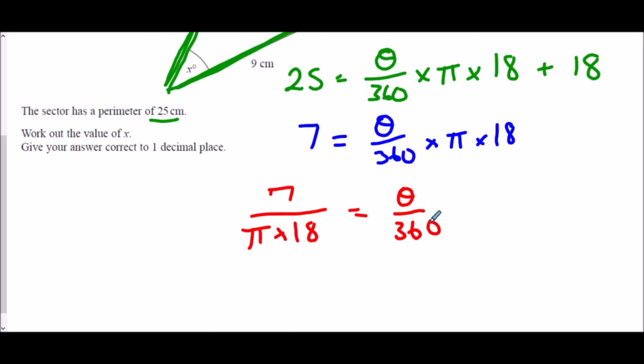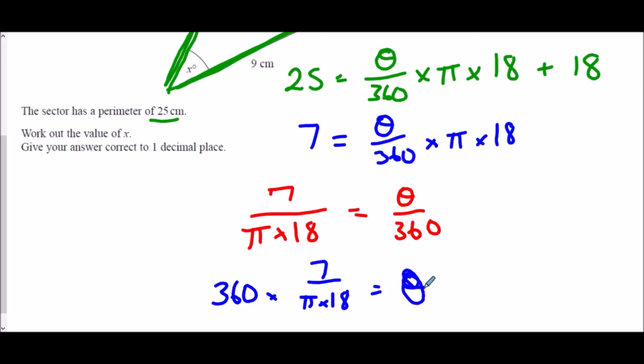And if I want to do this in one big jump, well, I can now just multiply everything by 360. So 360 times 7 over pi times 18. And that will give me theta.